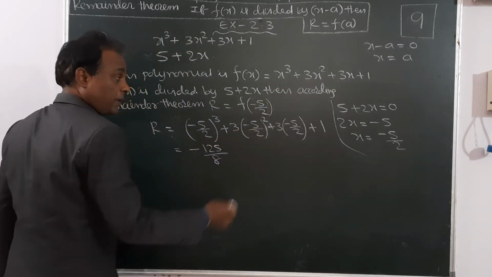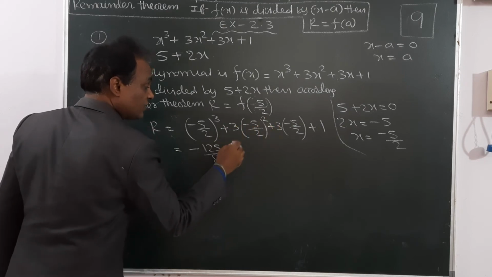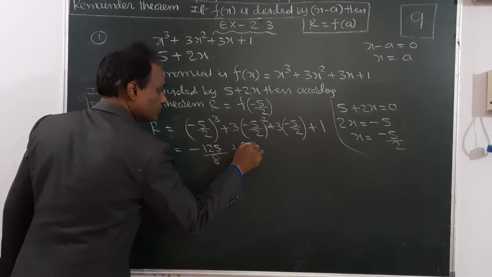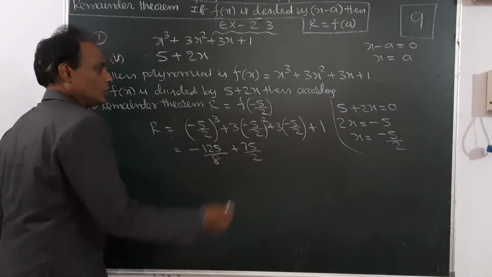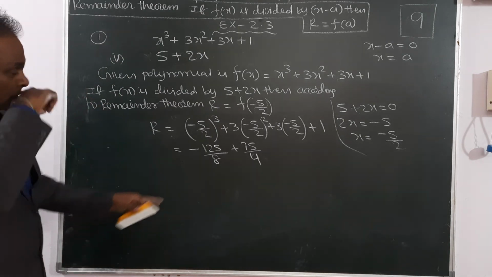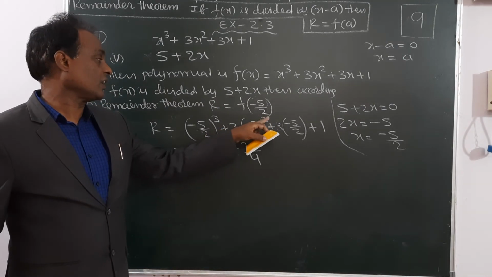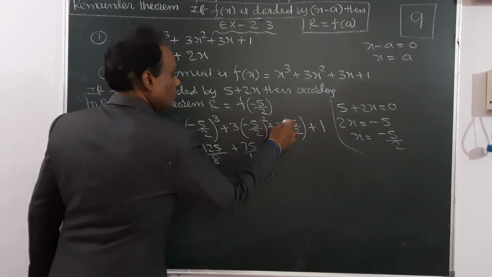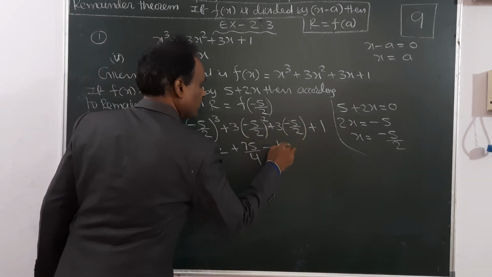Minus whole square is plus, 5 square is 25. 25 into 3 is 75. 2 square is 4. Plus into minus, minus 3 5 is 15.